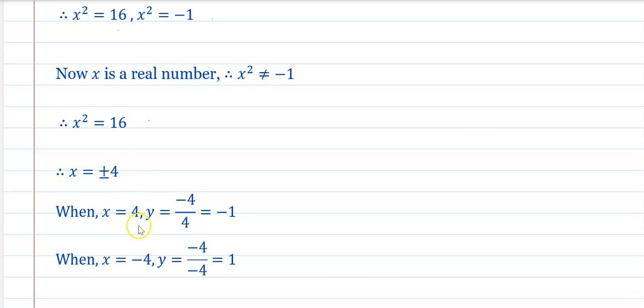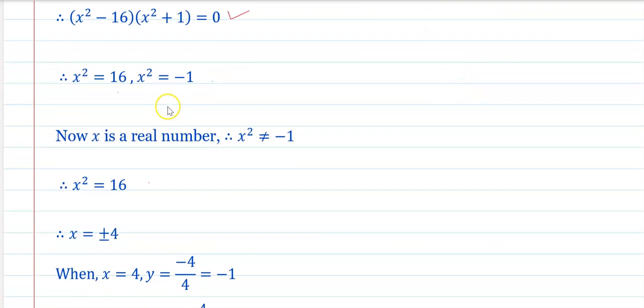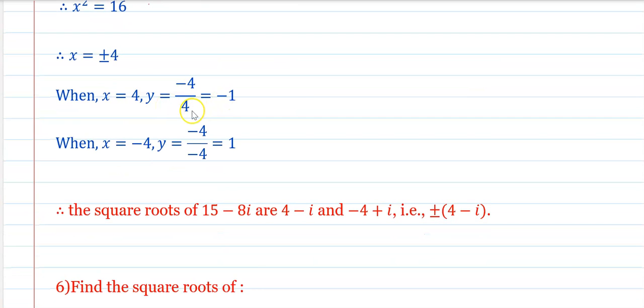When x is equal to 4, y is equal to minus 4 upon x. This is the expression, y is equal to minus 4 upon x. And if we substitute here the value of x, that is 4, minus 4 upon 4, then you are getting minus 1. When x is equal to minus 4, then minus 4 upon minus 4, you are getting plus 1.